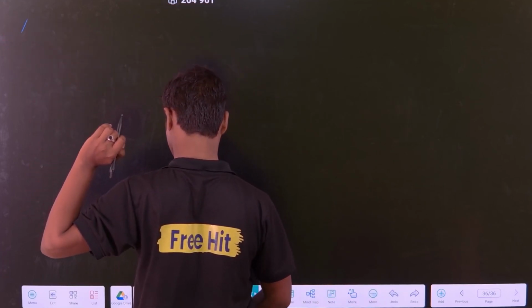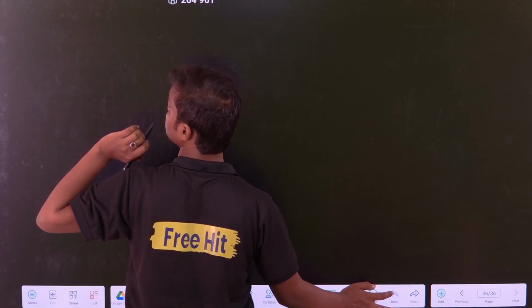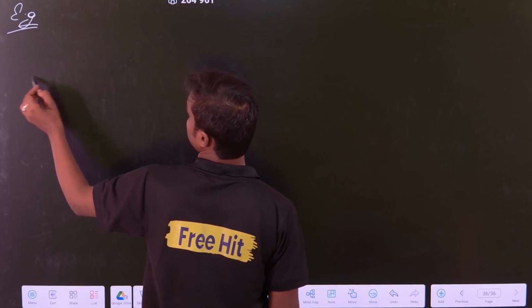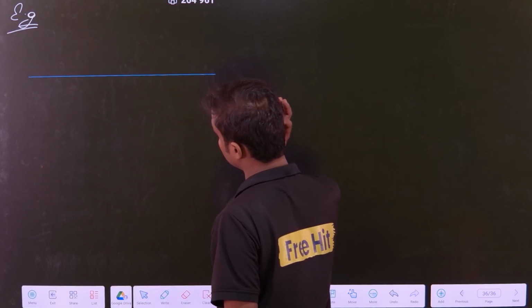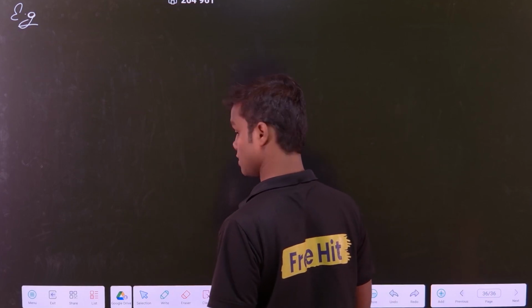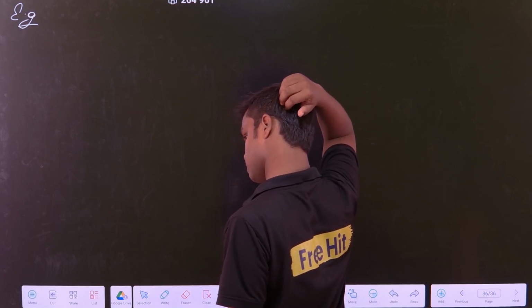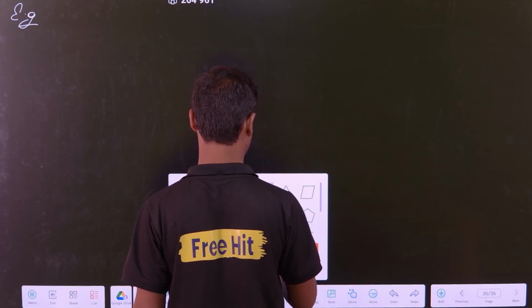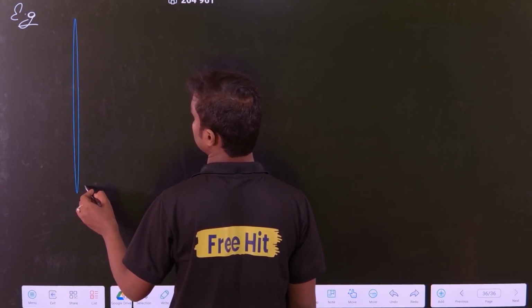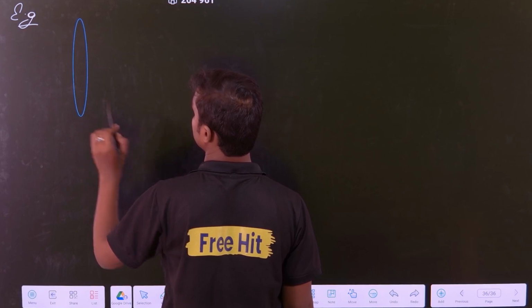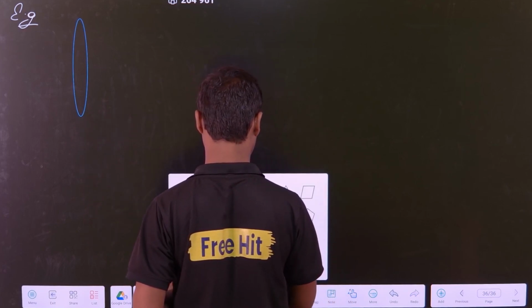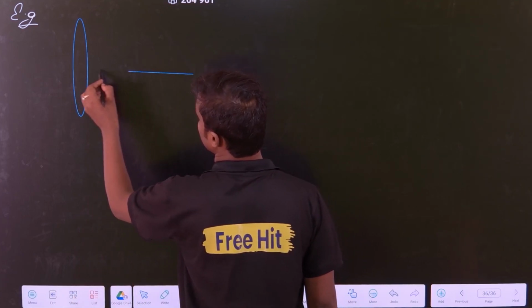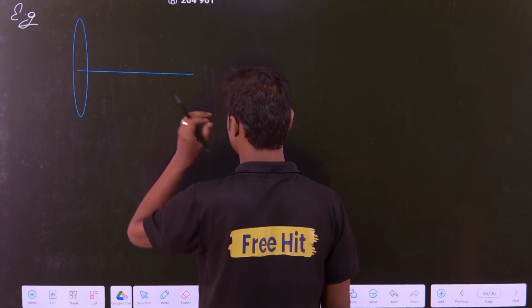Sorry, let's take one example. Suppose there is a ring, and there is a wire, and it is an infinite length wire.